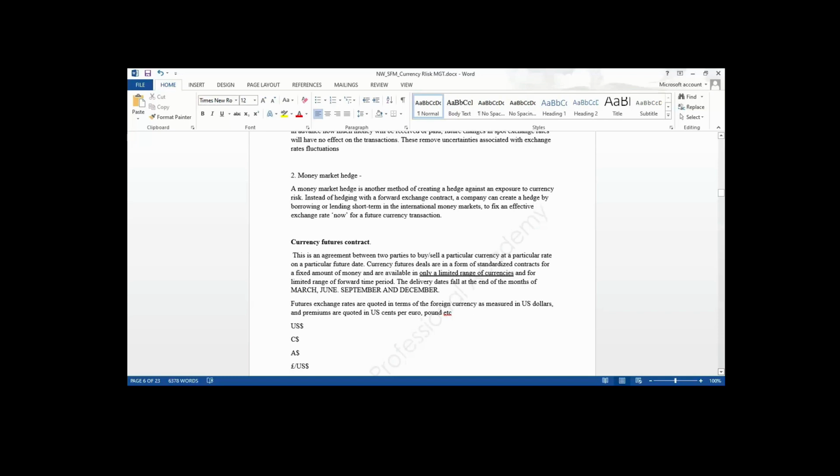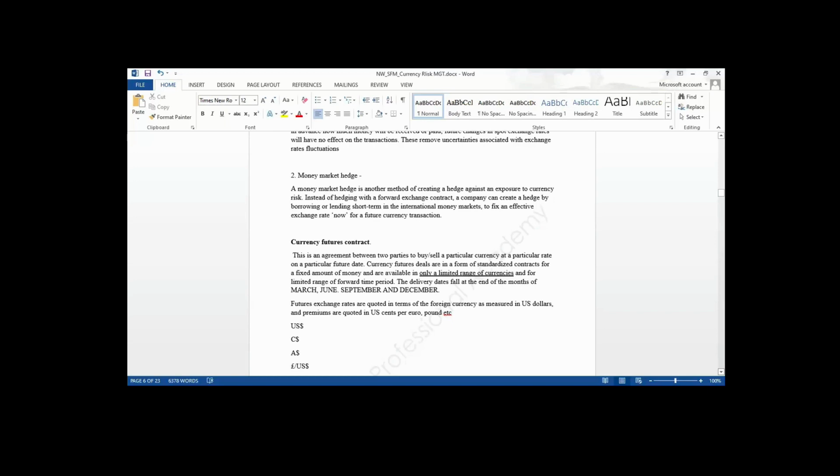Let me explain that. When you get to currency futures, the contracts are standardized. When we say standardized, you can have 1 contract, you can have 2 contracts, you can have 3 contracts, but you cannot have fractional contracts, like 10.5 or 20.5.